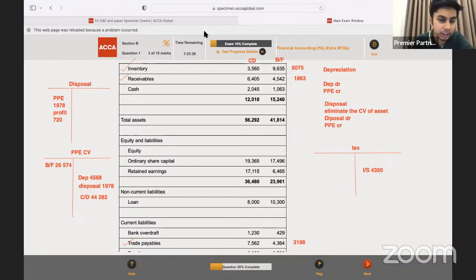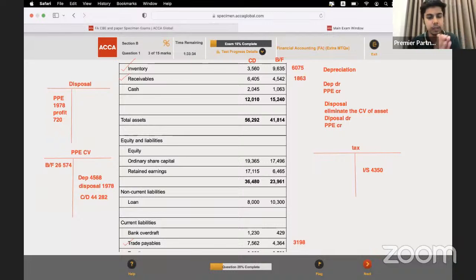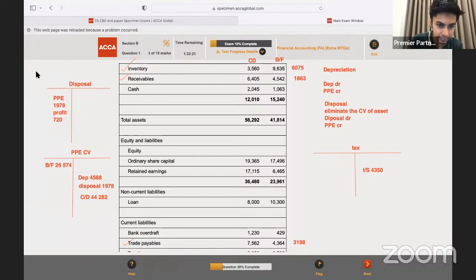It's a reduction of cash. When current assets are increasing, we say it's a cash outflow.